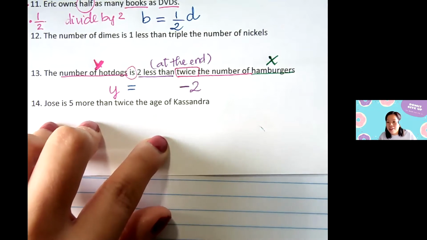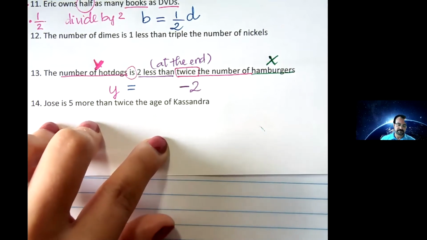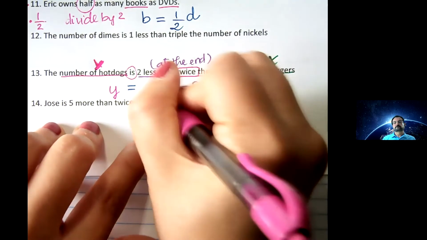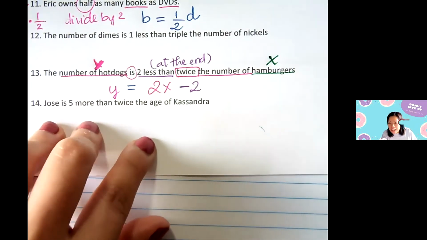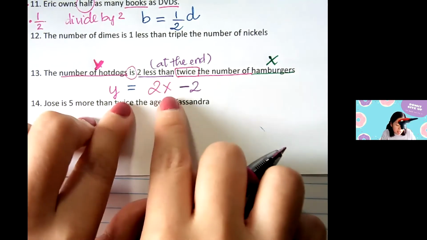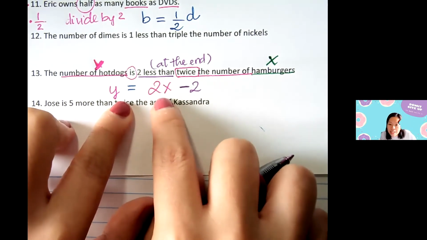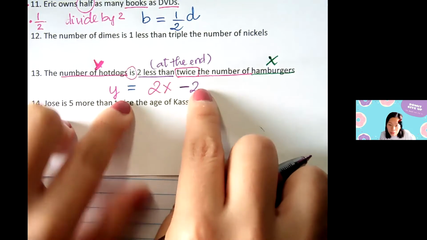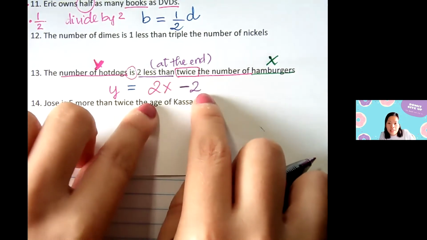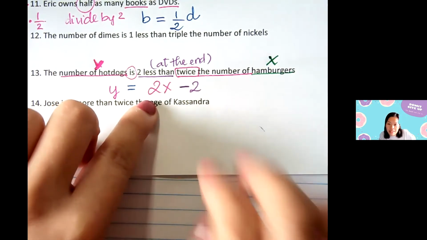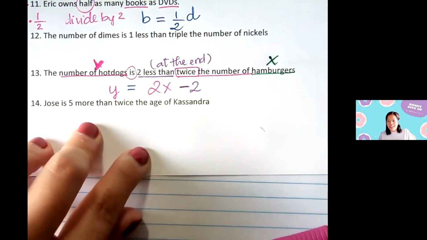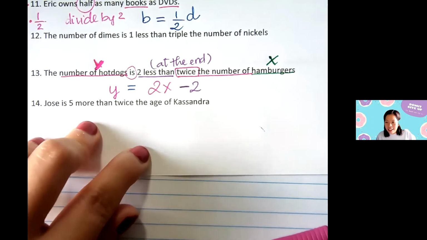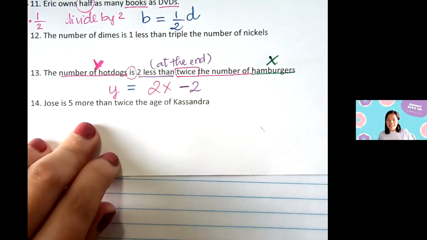Oh, unmute yourself. 2x. Beautiful. Number of hamburgers is more, correct? So we take the number of hot dogs. You take twice the number of hamburgers and take away 2, because it says 2 less than twice the number of hamburgers. Does it make sense, everybody, on this one? Okay, great. So the number of hot dogs is 2 less than twice the number of hamburgers.